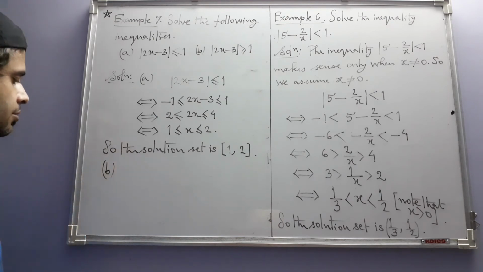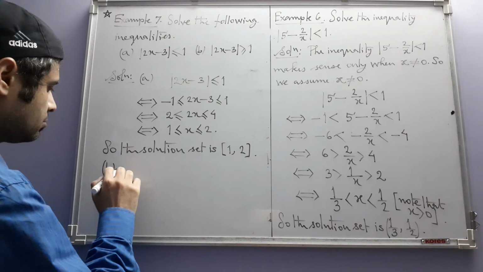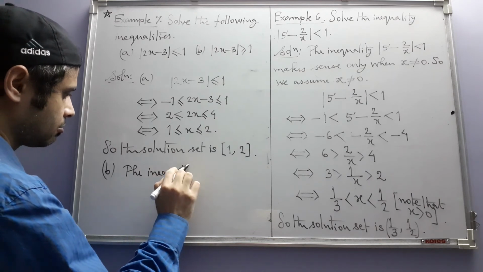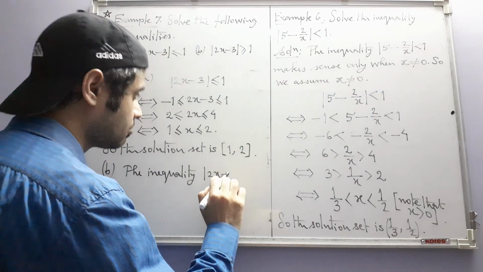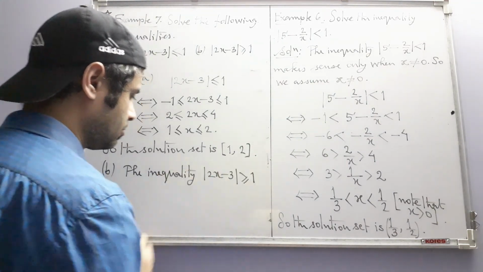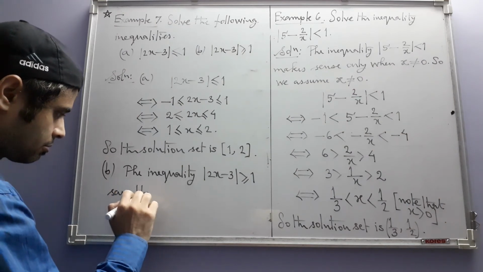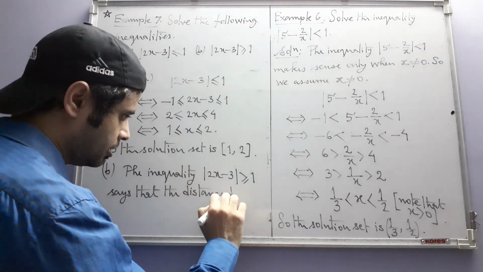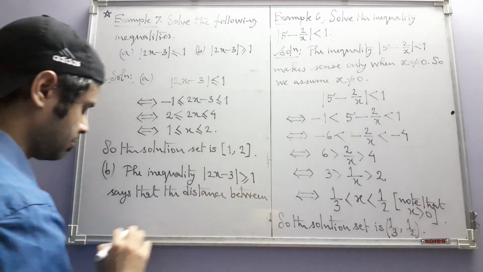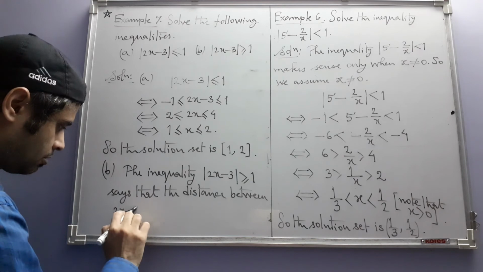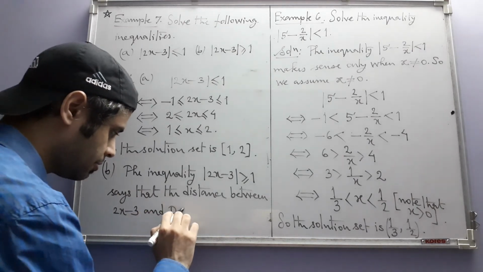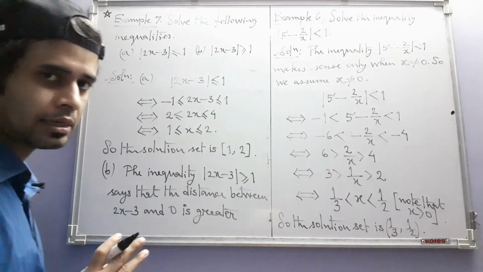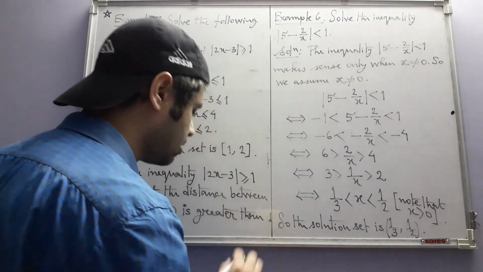Now what about B? The inequality says that the distance between 2x minus 3 and 0 is, now it's not less than something, it is greater than or equal to 1.